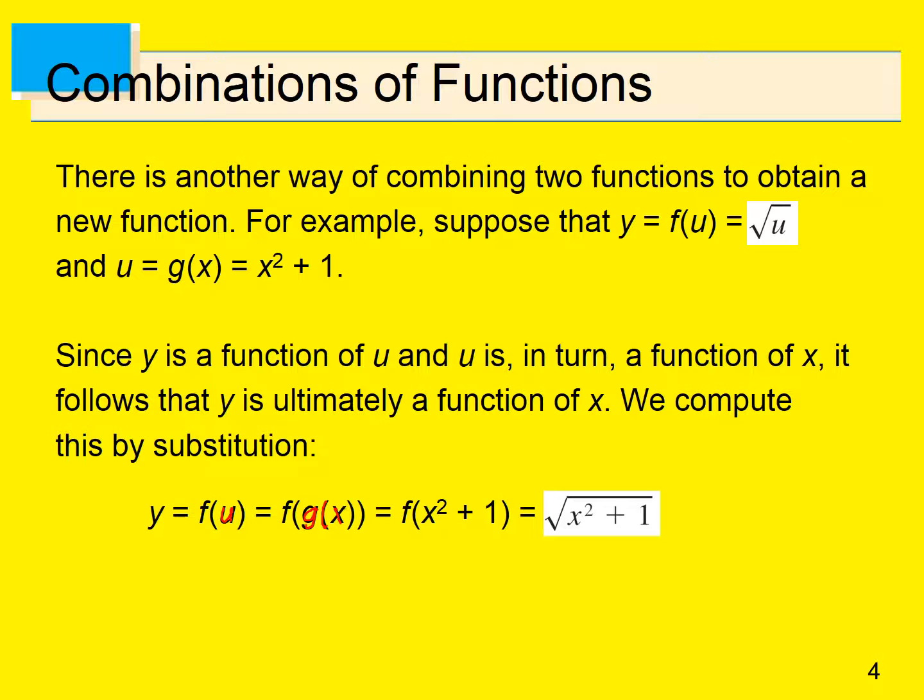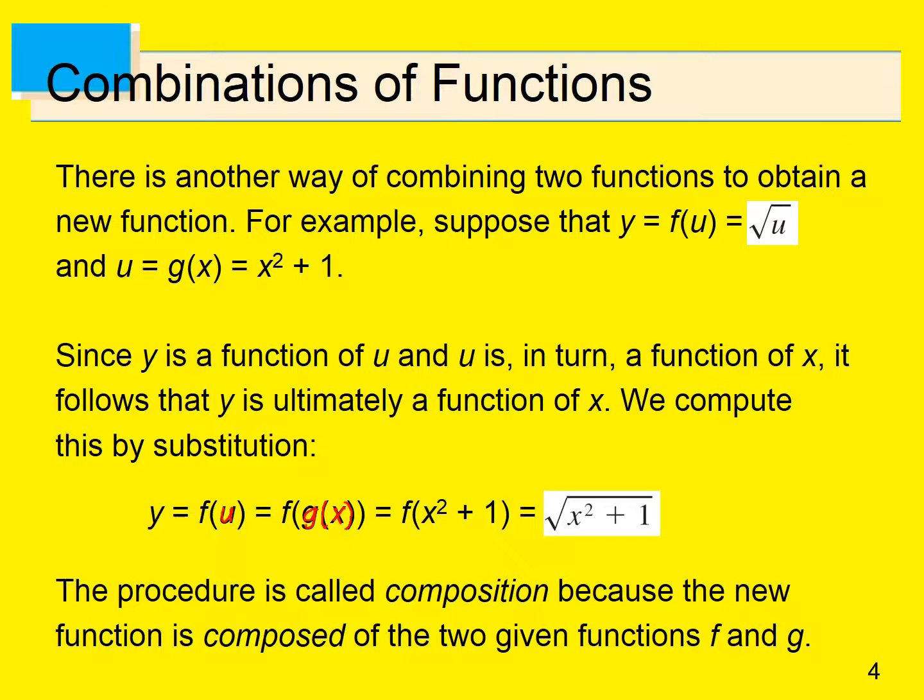We put x squared plus 1 in there for u, meaning since we're running that through f, we're going to be taking the square root of that x squared plus 1. The procedure is called composition because the new function is composed of the two given functions f and g.